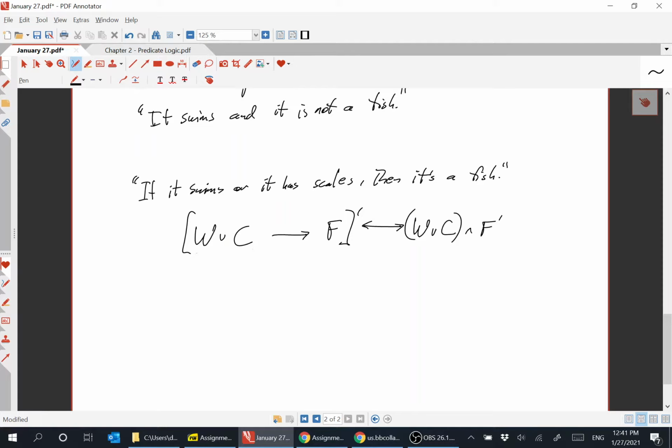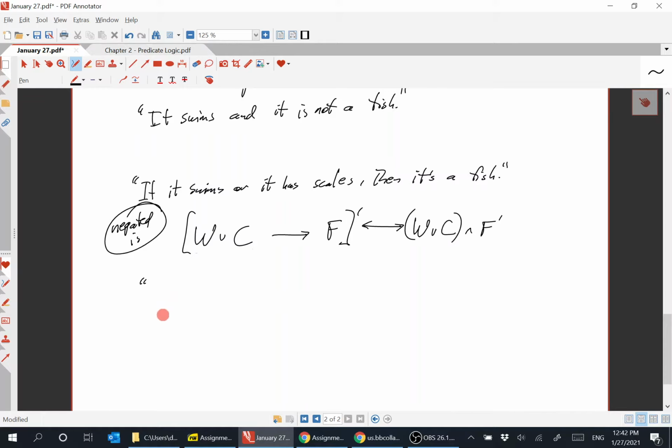Anyway, so in English, so negated is, all right, so writing this in English is what? If it swims. No, there's no if. It's just ands and ors here. I'm not sure. So how do we write W or C? So the main connector is the and.